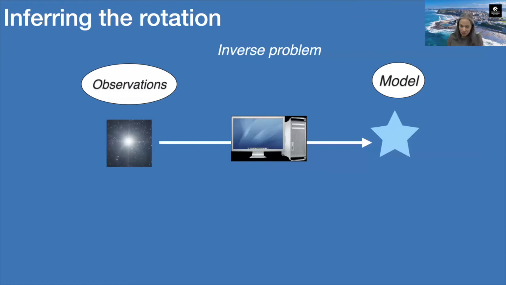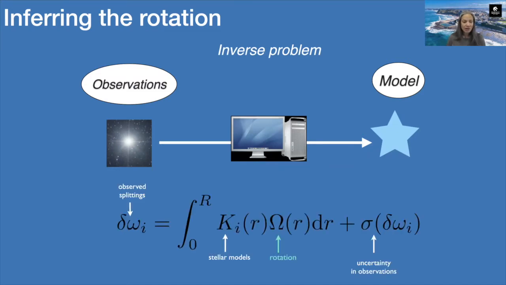To infer the rotation from this splitting, we compute an inverse problem. Very broadly, we take our observations and match these to a model of rotation that we know something about the physics of. This can be written like this: we have the observed splittings, which is equal to an integral from the center to the surface of the star over the kernels.